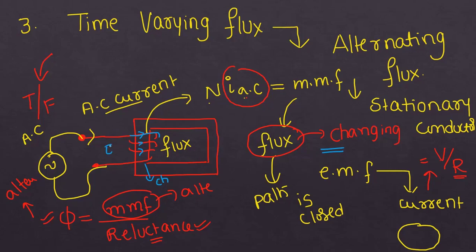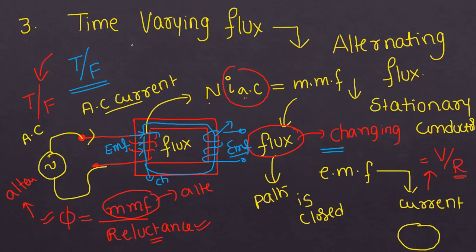Then here EMF will be induced. If I keep a second winding here, the flux will be flowing like this and will also link with this conductor. The conductor is stationary, and again here also EMF will be induced.